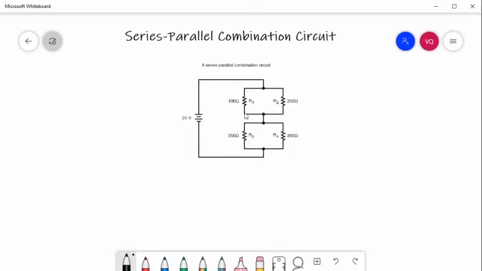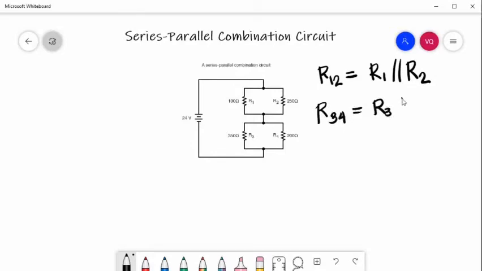So if we take the parallel combination of R1 and R2, we will have a resistance of R12 equal to R1 in parallel with R2. Same with R3 and R4, we will have a resistance of R34. So R3 in parallel with R4.